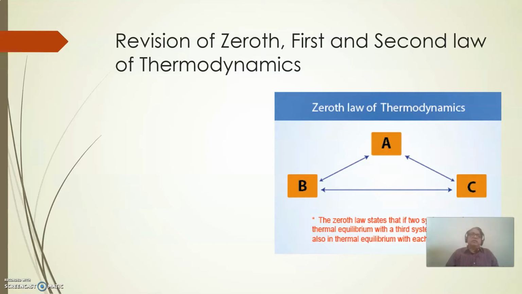Temperature is something we can sense, isn't it? When we touch something with our skin, we come to know whether it is hot or cold, right?